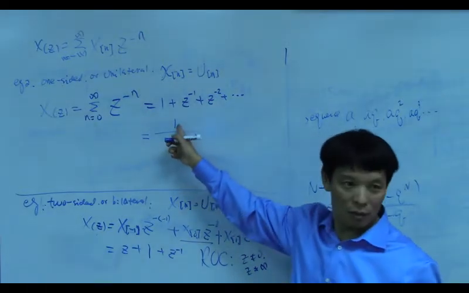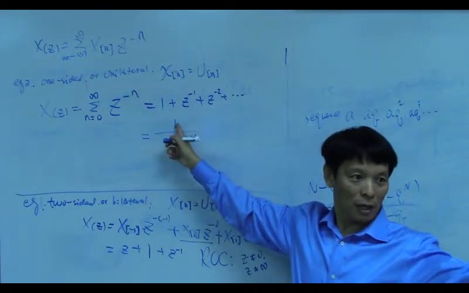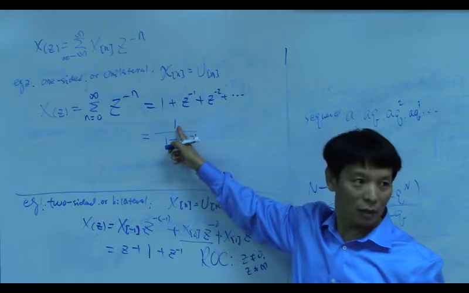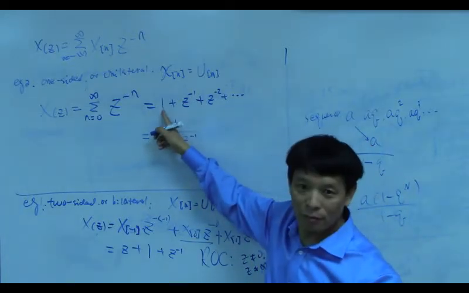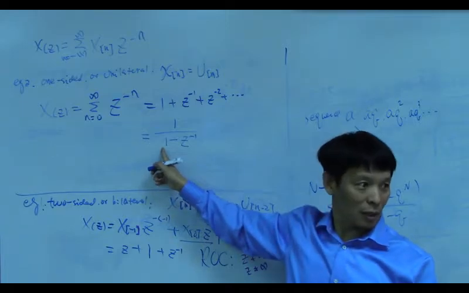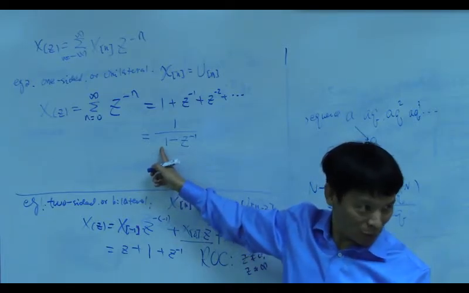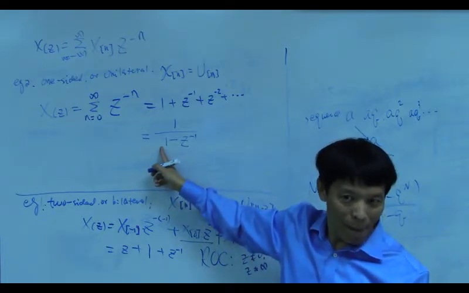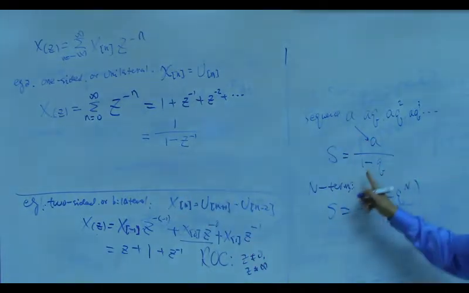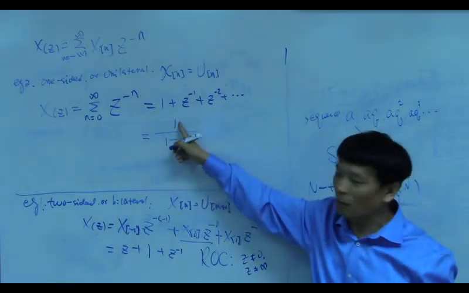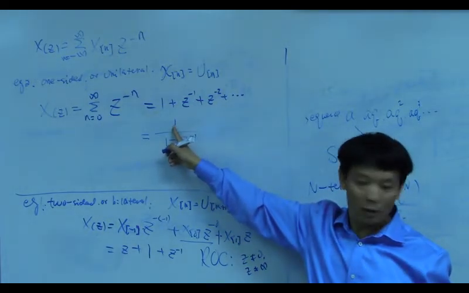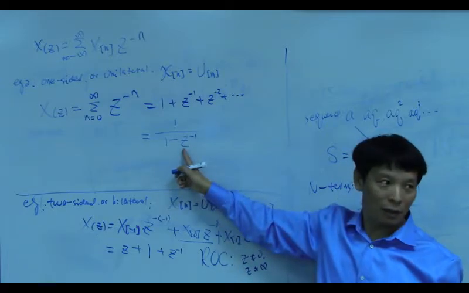Why is 1 here? Somebody add back. What's this one? Good, first term. This one is here. Why is 1 here? What is this one? First term? No, that's not the first term. This is 1. No matter what your first term, second term is, this is always 1 here. This one is the first term. What is this z to the negative 1?